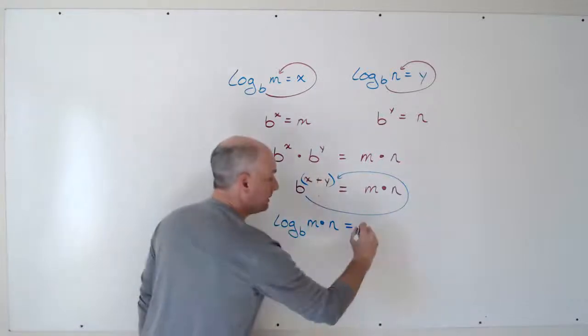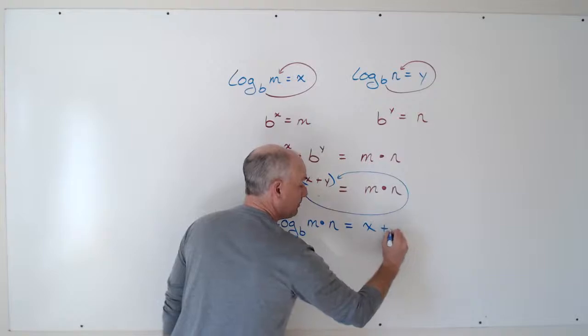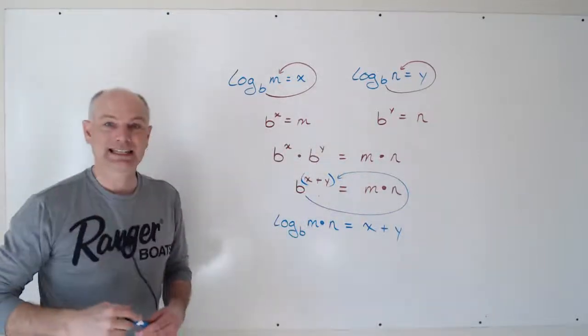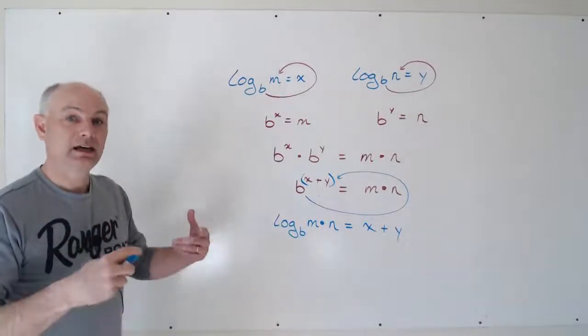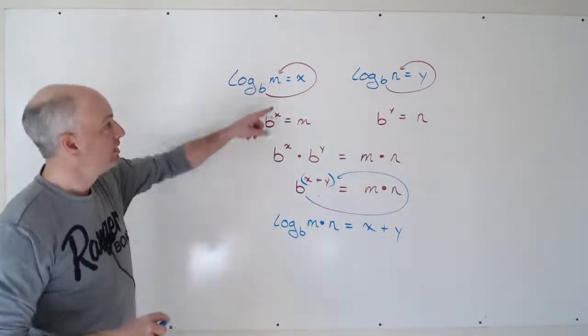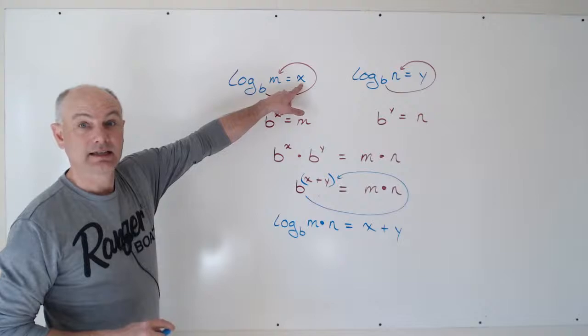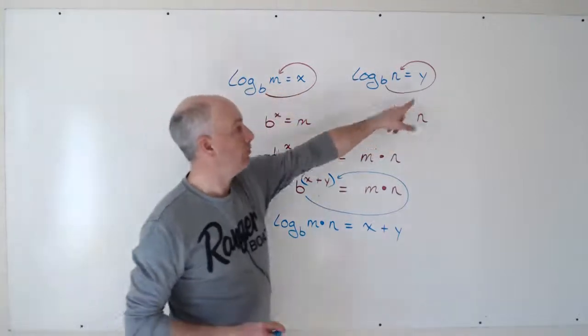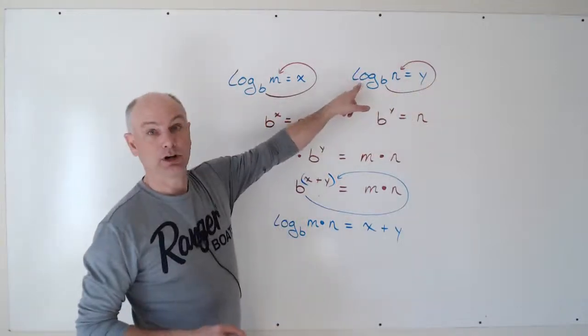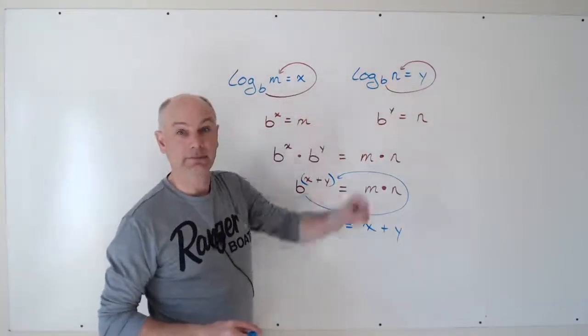It's the addition of x plus y. Now, that's kind of interesting because in the beginning of this whole process, x is equal to log base b of m and y is equal to log base b of n.